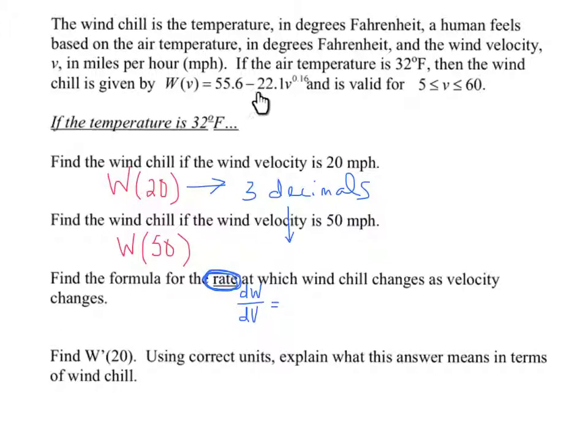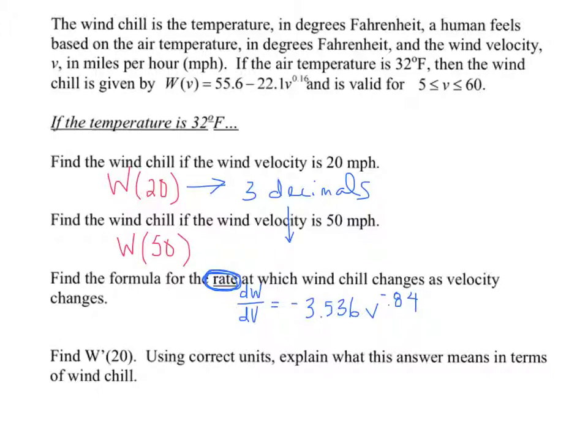The next piece, negative 22.1, gets multiplied by 0.16. If we do that, we get negative 3.536. And then the power drops by 1, so it becomes v to the negative 0.84. Okay? So that's our derivative.